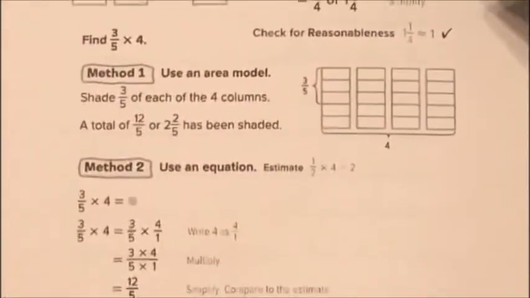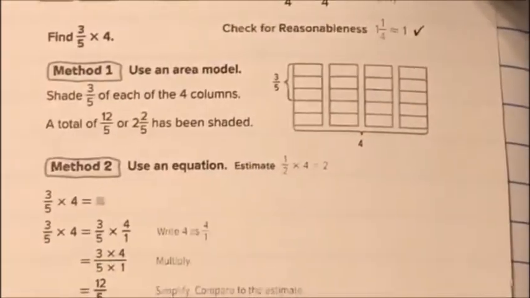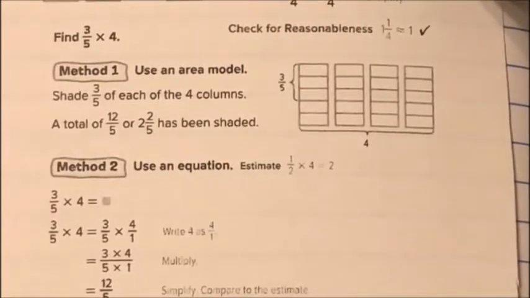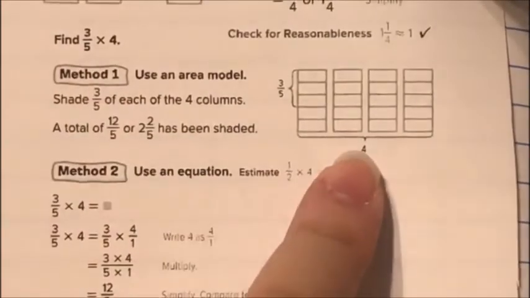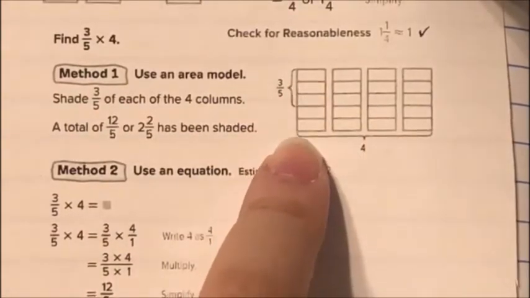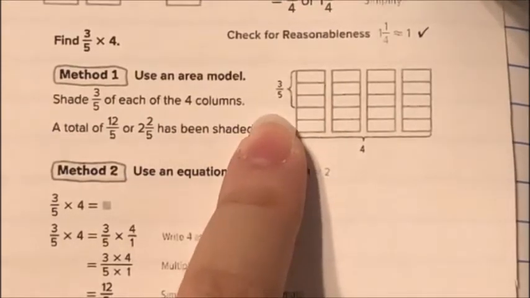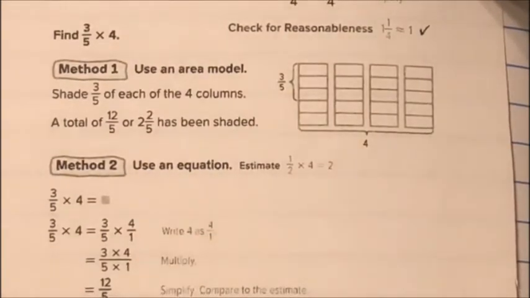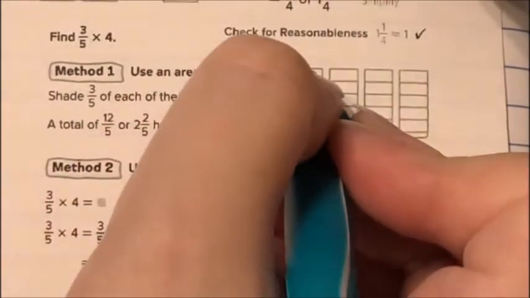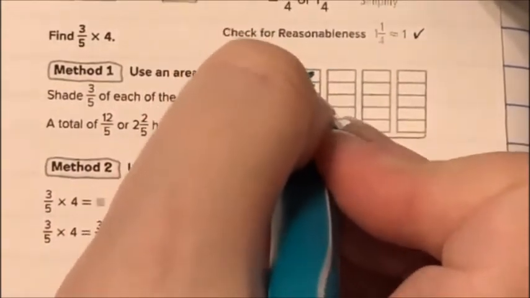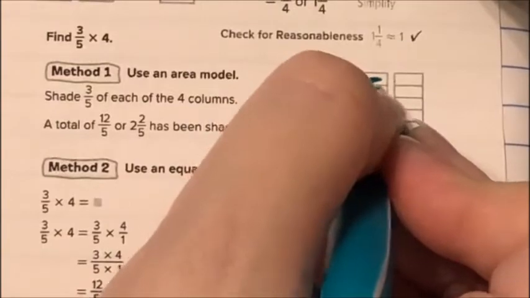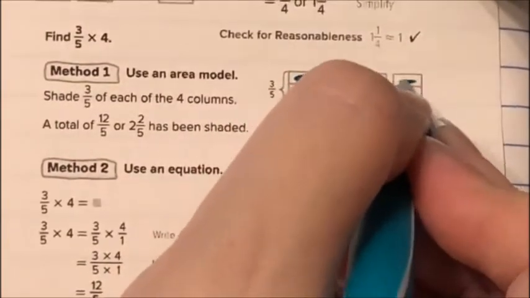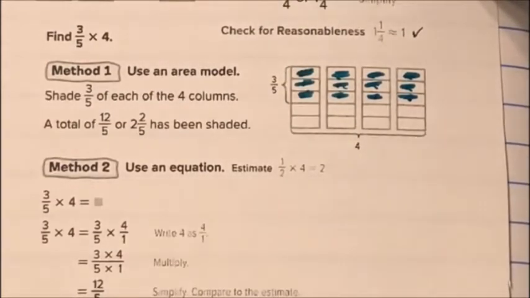The third example I have is find 3/5 times 4. I'm going to use an area model for this one. I have 3/5 times 4, so I have 4 columns, broken into 5 sections each. I'm going to shade 3/5 of each of those columns.